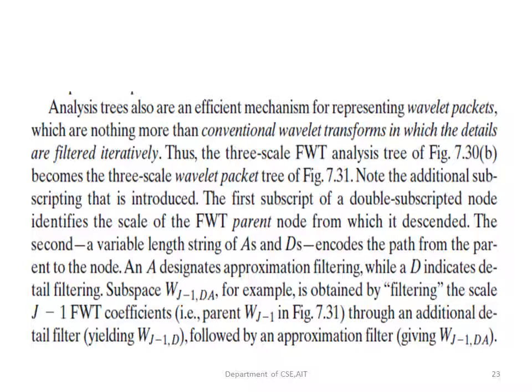An A designates approximation filtering, while a D indicates detail filtering. The subspace W of j minus 1 DA is obtained by filtering the scale j minus 1 fast wavelet transform coefficients through an additional detail filter, followed by an approximation filter.